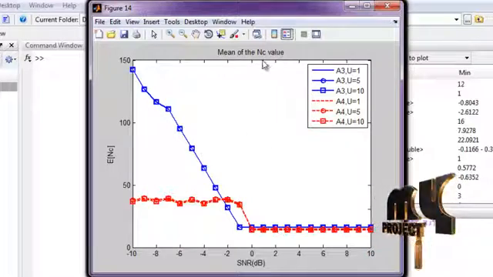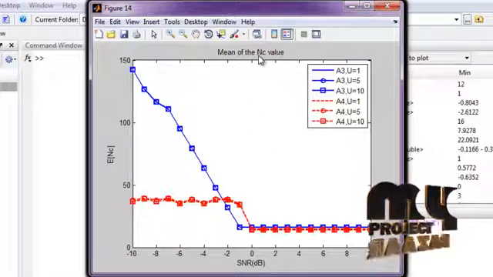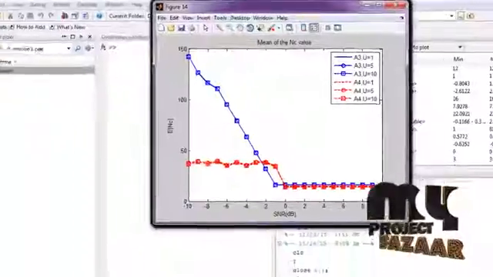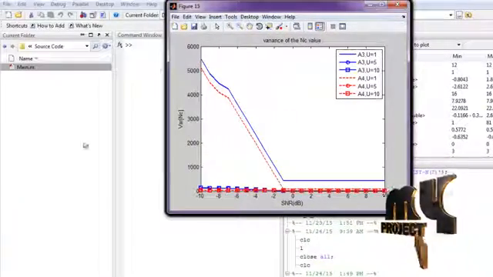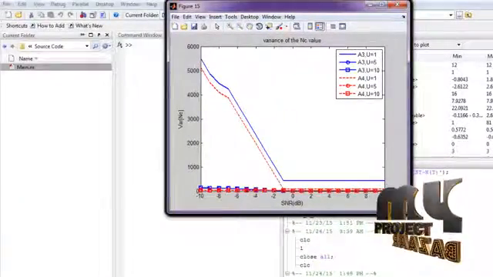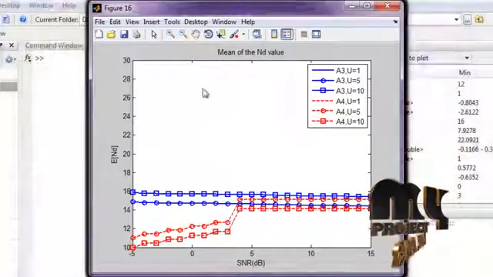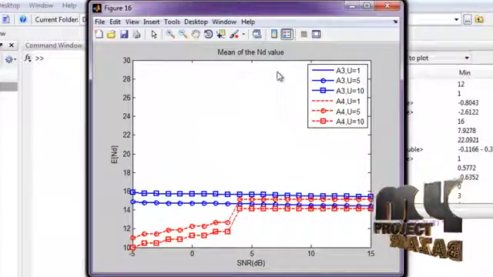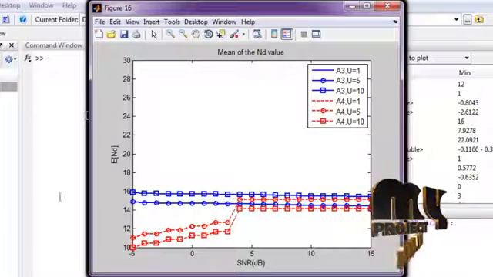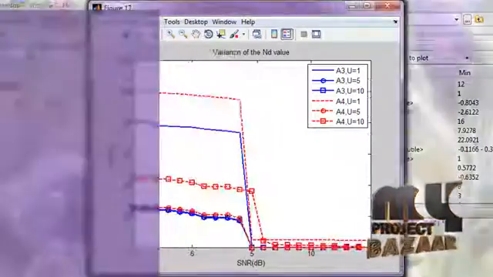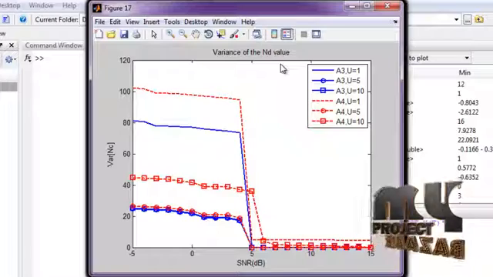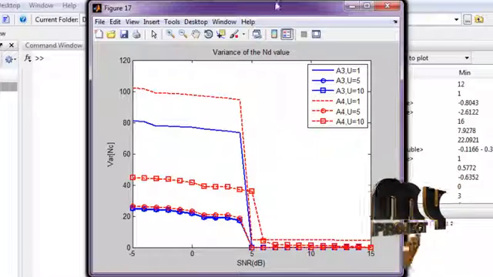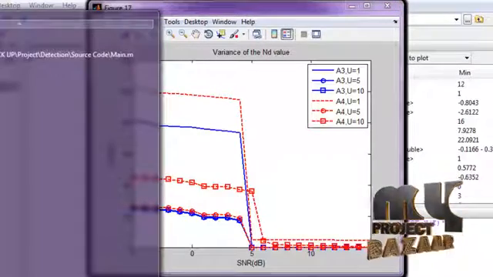Here the mean of the N_c value and the mean of the OFDM signal have been estimated. The variance of the N_c value is obtained, along with the mean of the N_d value, the mean of the IDFT value, and the variance of the OFDM signal value.